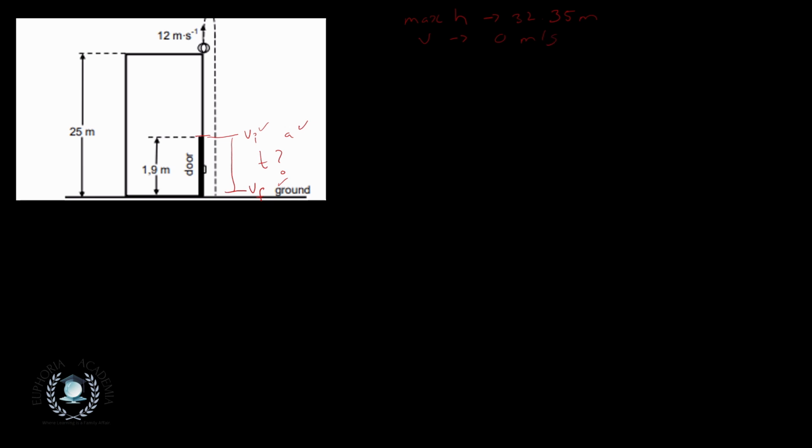These are things that we know, that we have calculated. Alright, now how will we find this Vi? Well, essentially that Vi will be the velocity that the ball will have after it has traveled from that 32.35 to a point where it reaches the top of that door. So we essentially need to find this distance here.